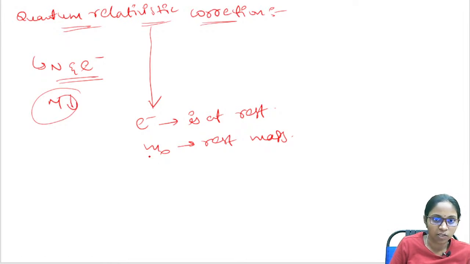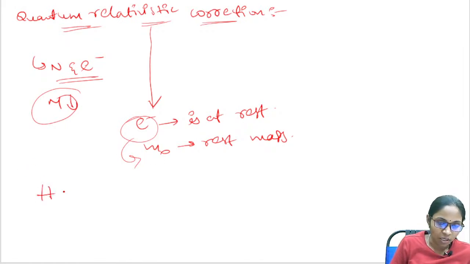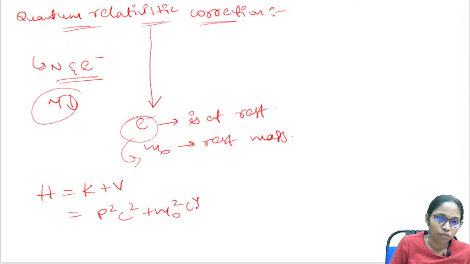Because of this, there will be a change in the mass of the electron, and I am considering the Hamiltonian, which is equal to kinetic energy plus potential energy, where the kinetic energy is the relativistic kinetic energy, written as (p²c² + m0²c⁴)^(1/2) + V.